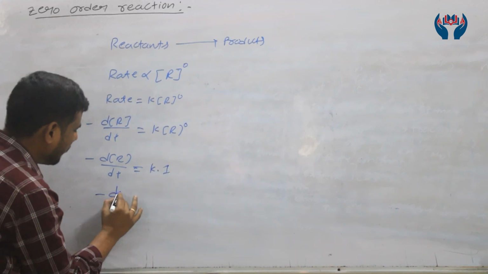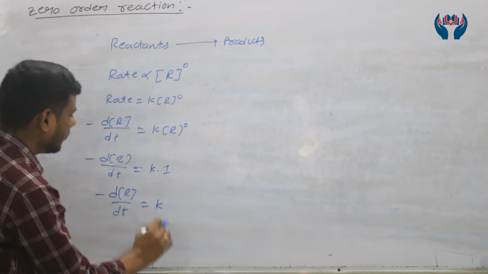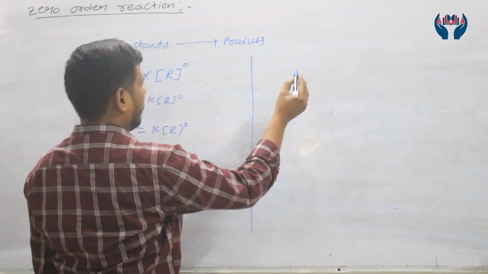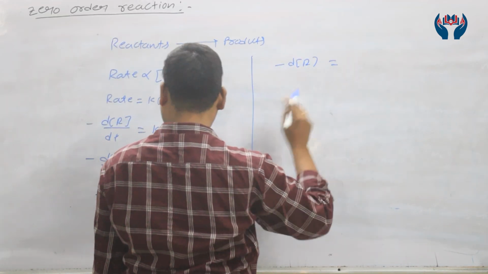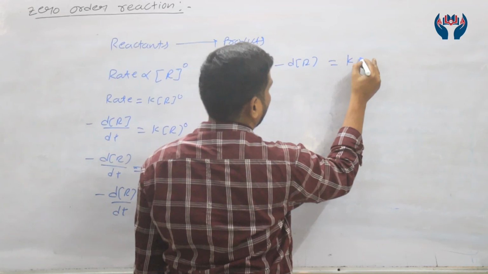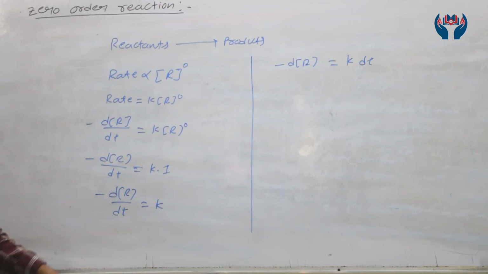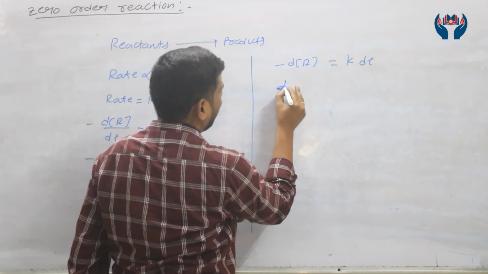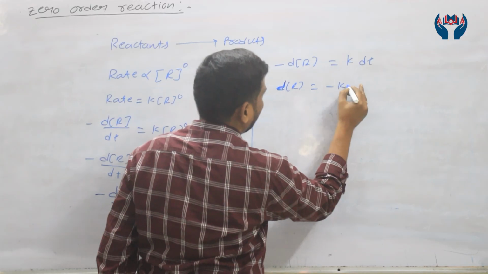Then minus d[R]/dt equal to K. Therefore, minus d[R] equal to K dt, so d[R] equal to minus K dt.